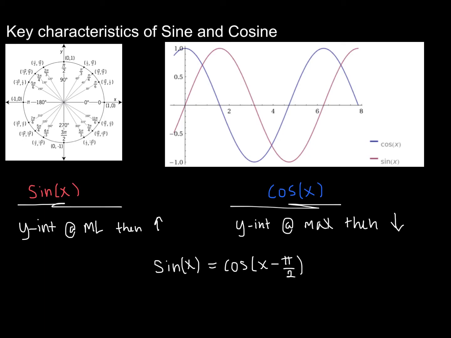Similarly, if I have a sine function, this red function, and I phase shift it to the left pi over 2 units, meaning the h value is negative pi over 2, it will be a cosine function with no phase shift. This will allow you to translate between sine and cosine functions with ease. Keeping this in mind, we'll now be able to do some more complex problems.